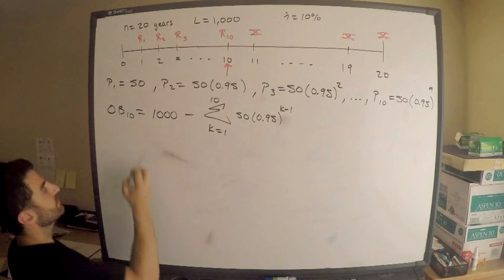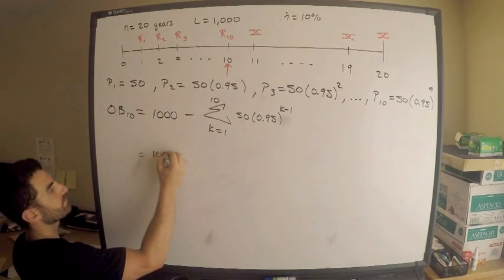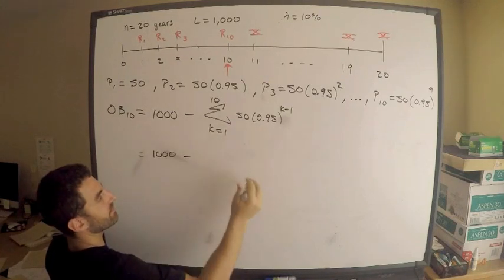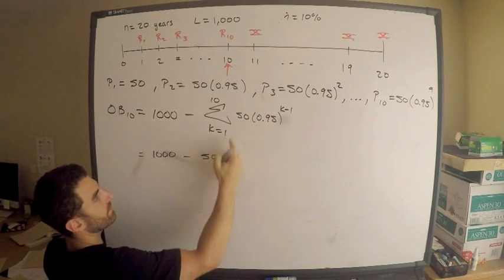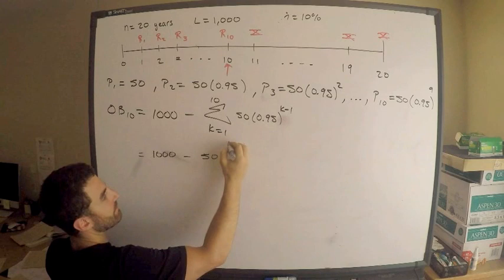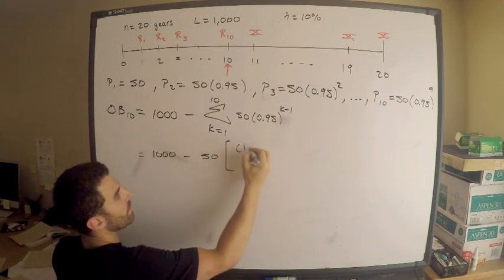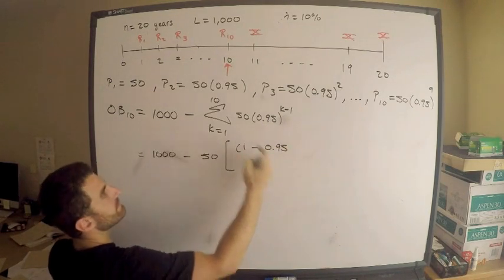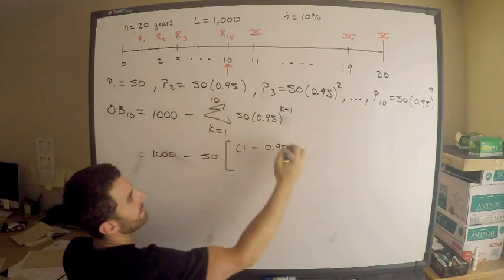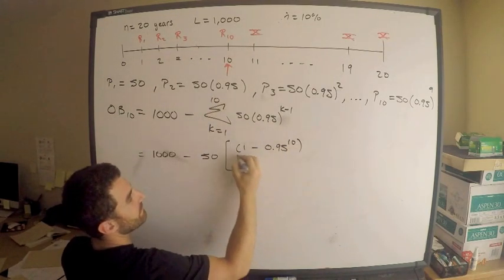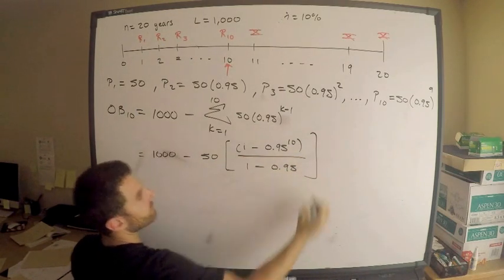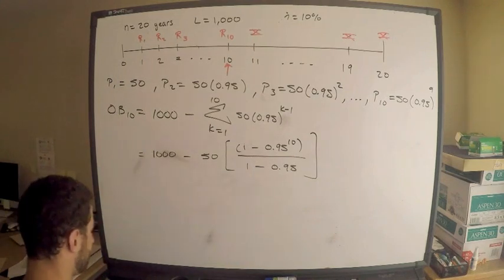So this is equal to 1,000 minus, how do I find the sum of a finite geometric sum? Well, I like to factor out the coefficient here, and I'm left with the following: 1 minus the common ratio raised to the 10, divided by 1 minus the common ratio. And I'll just spare you the details here.